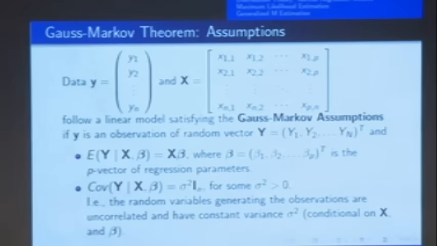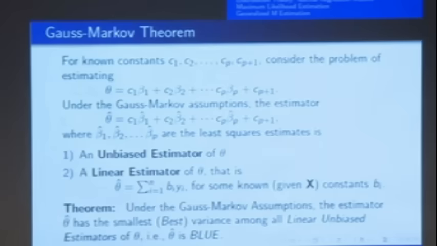So the dependent variable vector has expectation given by the product of the independent variables matrix times the regression parameters. And the covariance matrix of y given x and beta is sigma squared times the n-dimensional identity matrix.